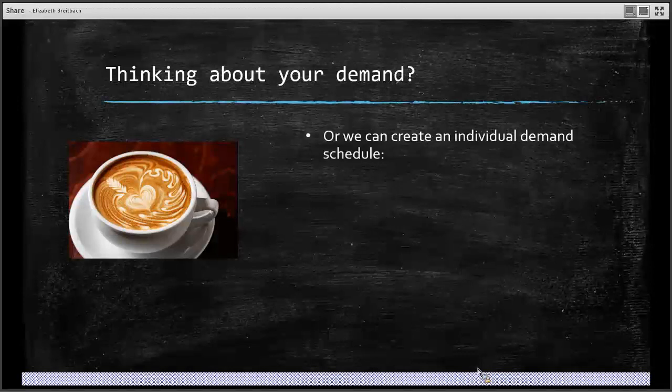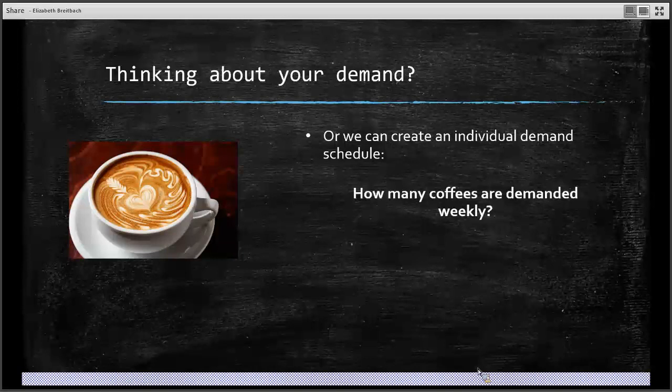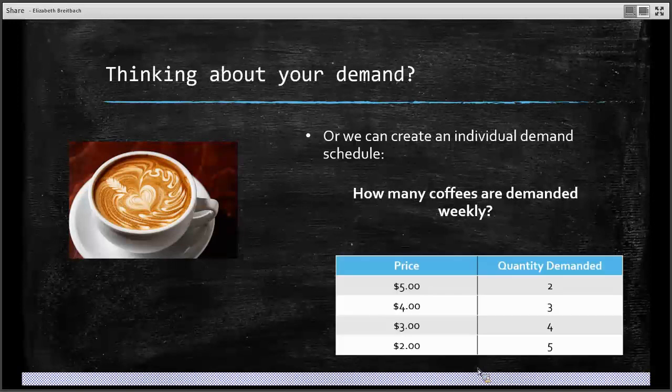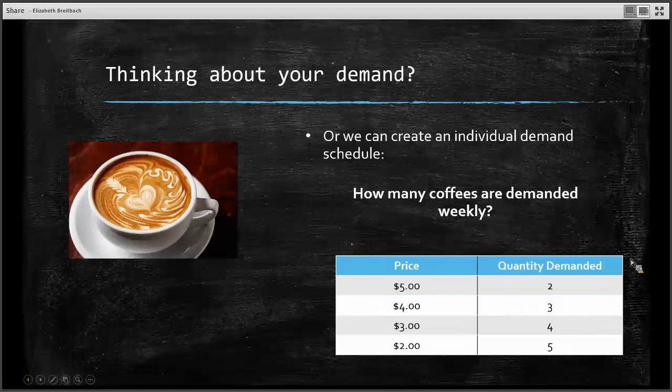All right, so let's create the individual demand schedule from this information. So how many coffees are demanded, and we're going to say on a weekly basis for this individual. What we can see here is the different price levels and then the different levels of quantity. So if the price of the coffee is $5, this individual is willing and able to consume 2 cups of coffee.